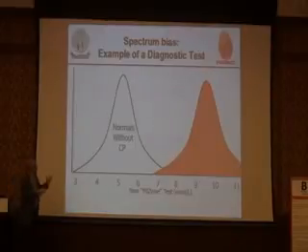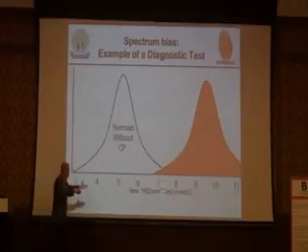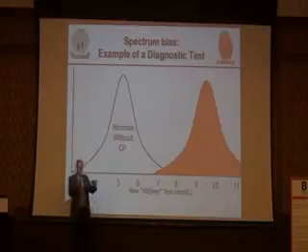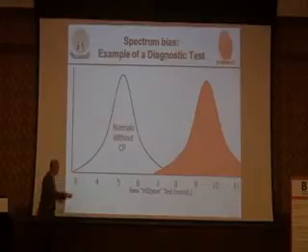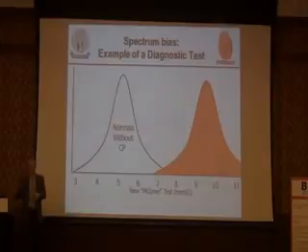Let's give an example here. So you say, this is a new test, the M-Izyme test. And you see this paper and they say, oh, we have a new test here. We took a whole bunch of people with MI, a whole bunch of cases, and then we got some controls who were normal. And we ran the test on these people, and look at that.